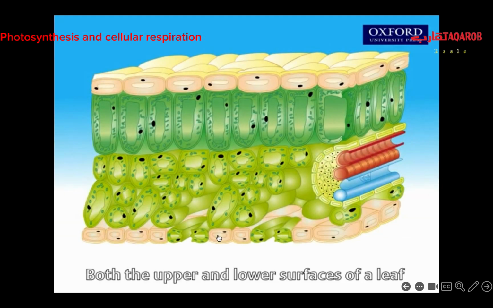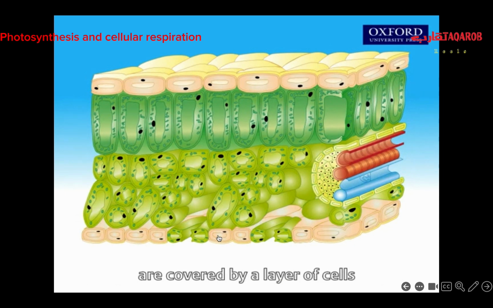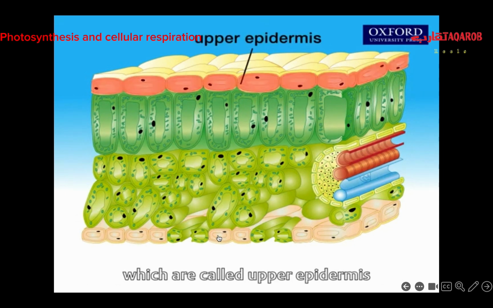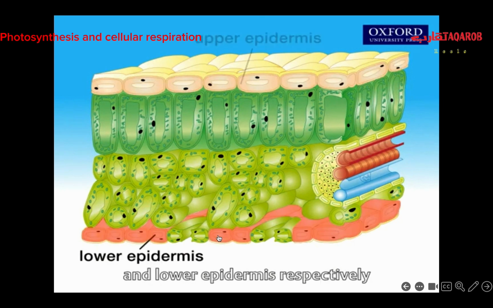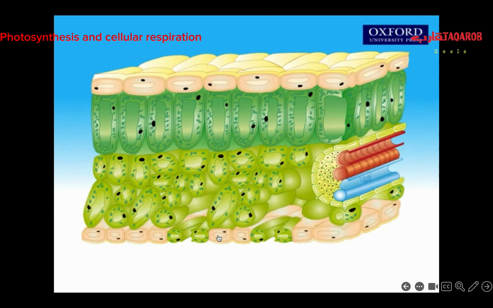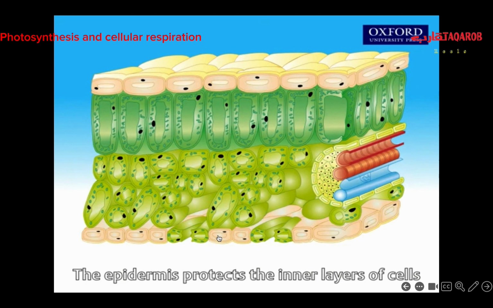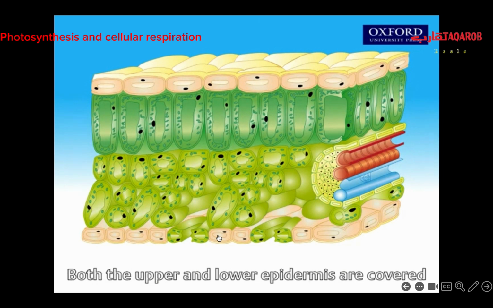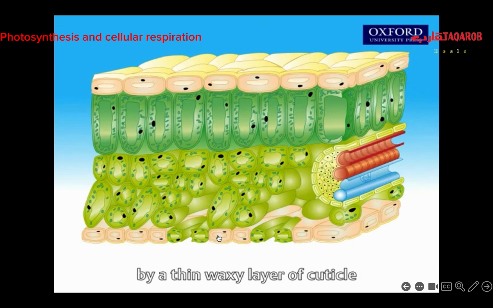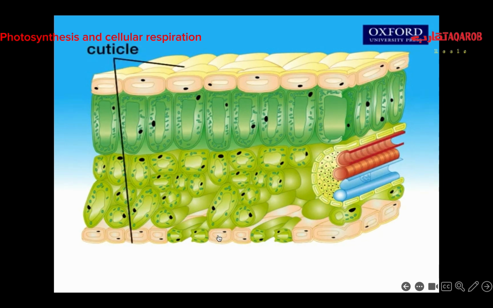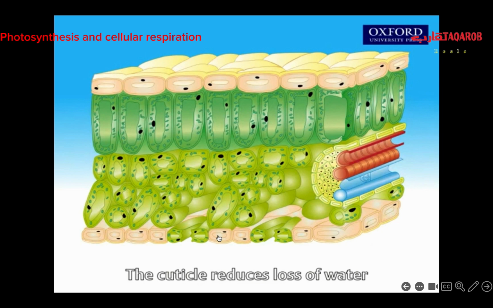Both the upper and lower surfaces of a leaf are covered by a layer of cells which are called upper epidermis and lower epidermis respectively. The epidermis protects the inner layers of cells. Both the upper and lower epidermis are covered by a thin waxy layer of cuticle. The cuticle reduces loss of water from the leaf surface.